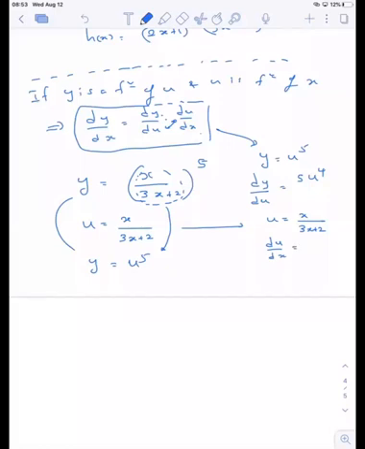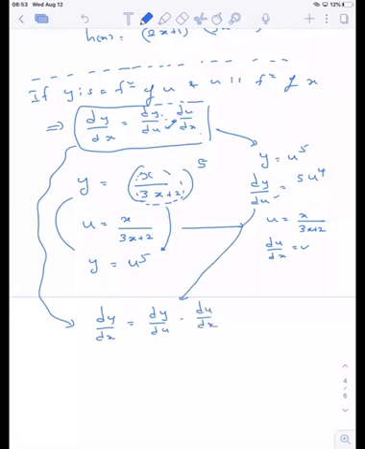You just need to apply the quotient rule that we talked about before. Once you know these two, dy over du and du over dx, you can directly find dy over dx, because that will be equal to dy over du, which is this function right here, times du over dx. So once you know this expression and that expression, you can directly find the answer for dy over dx. And this is another way of using the chain rule.